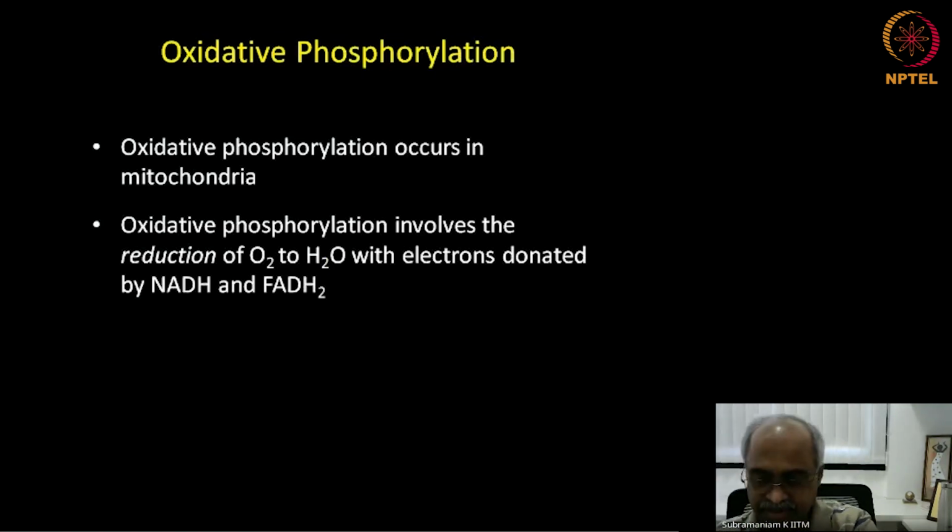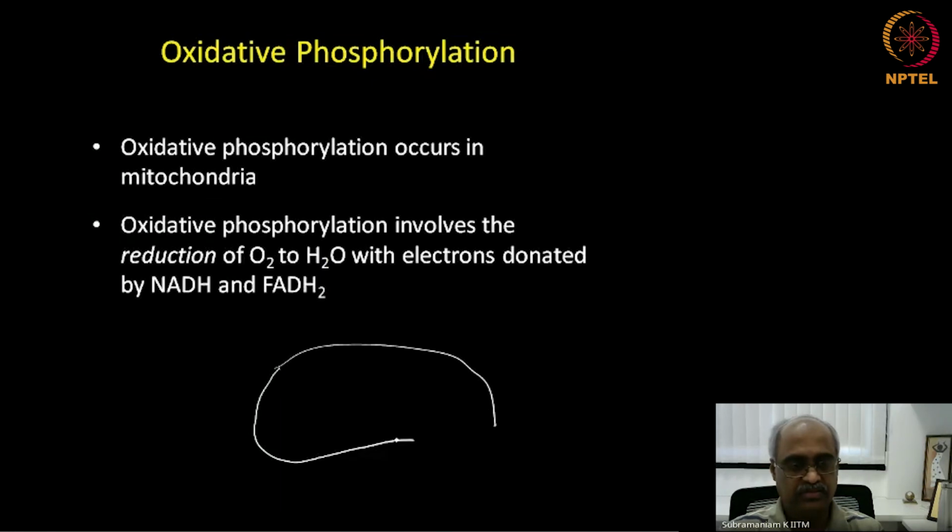But before that, I want to make sure you have a good idea of the mitochondrial structure that I think I drew last time too. I'm just going to draw a part of it. So let us say in this mitochondria we have this inner membrane. I'm not going to draw the cristae all through, just a little bit.